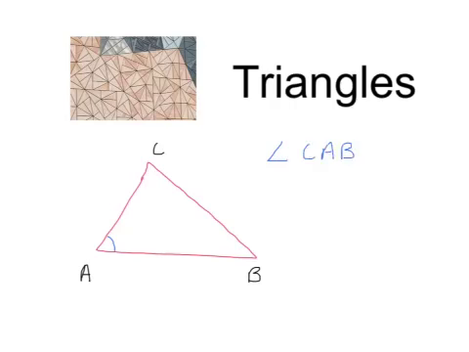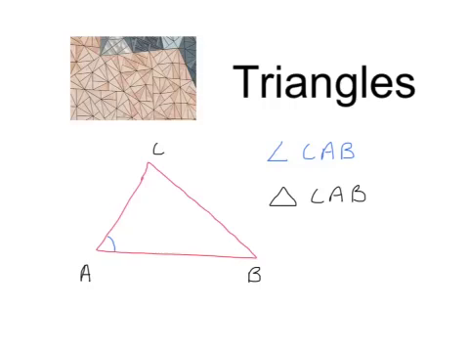But if I want to talk about the whole triangle, I need to use a different symbol. I need to use this one, triangle CAB. And that's why those little symbols out the front are really important, so you can tell whether we're talking about just an angle or a whole triangle.